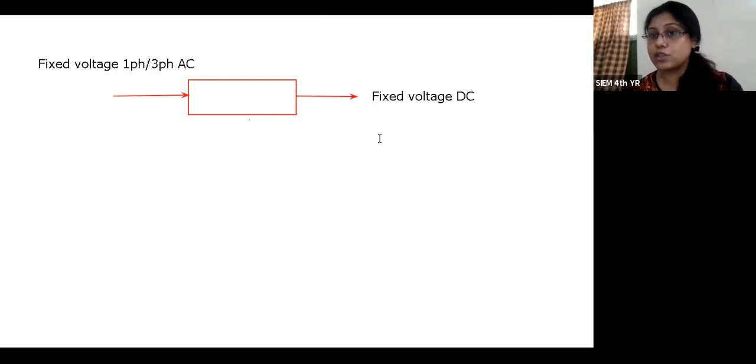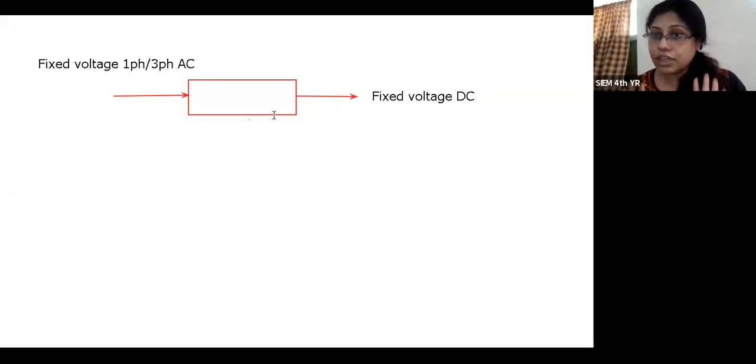But in this case, if we use an uncontrolled rectifier as a power modulator, we can fulfill our requirement. Our input side has fixed voltage single or three phase AC, but in the output side, as per the machine, we want fixed voltage DC. So we can use an uncontrolled rectifier as a power modulator device.